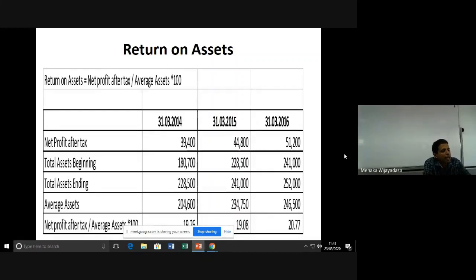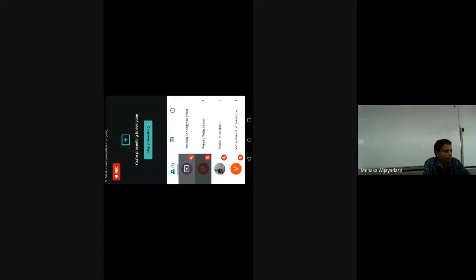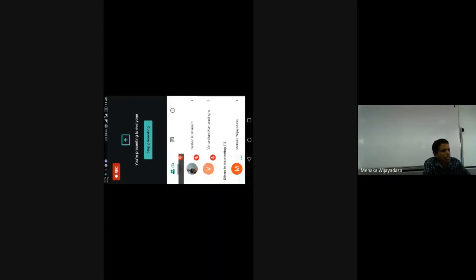The actual owners' or shareholders' contribution is less than 10%. Therefore, more than 90% of a bank's total assets is financed by deposit holders' money. Banks get huge funds from deposit holders. That's why our balance sheets are huge.